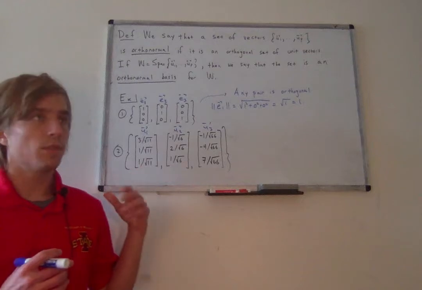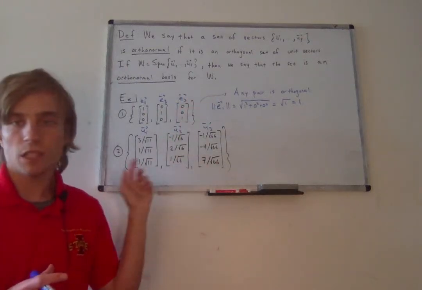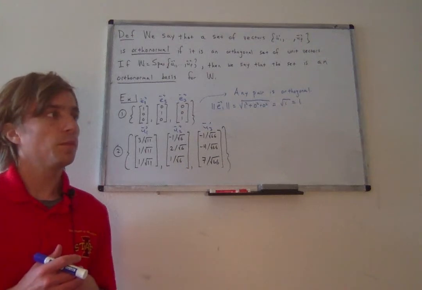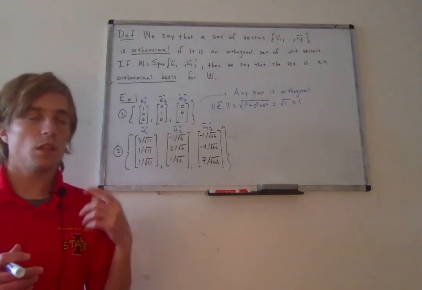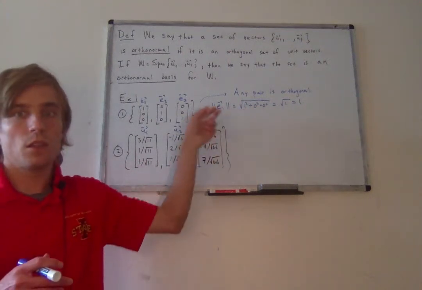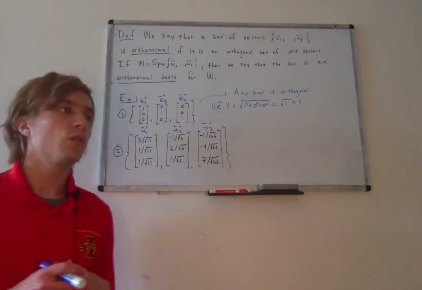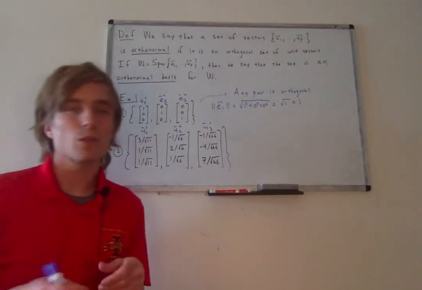Generally, the process of transforming a basis into an orthonormal basis leaves you with something that looks like this, because we normalize each vector, dividing by its norm to turn it into a unit vector. And it's going to look like this because we're dividing by a lot of square roots.